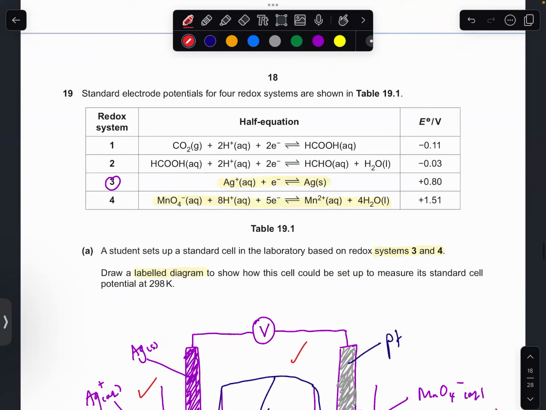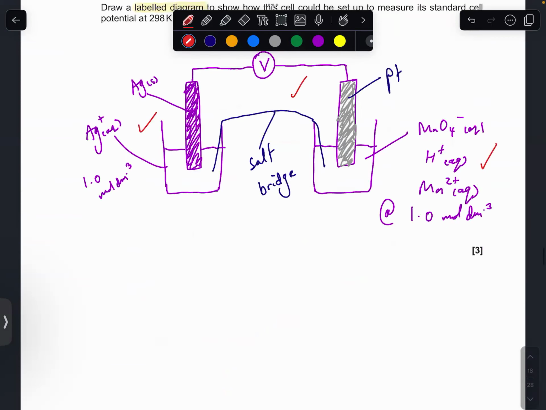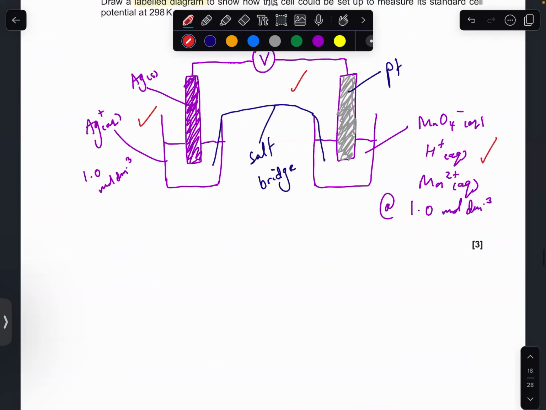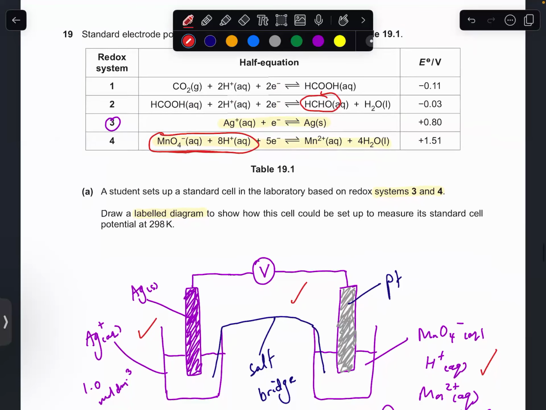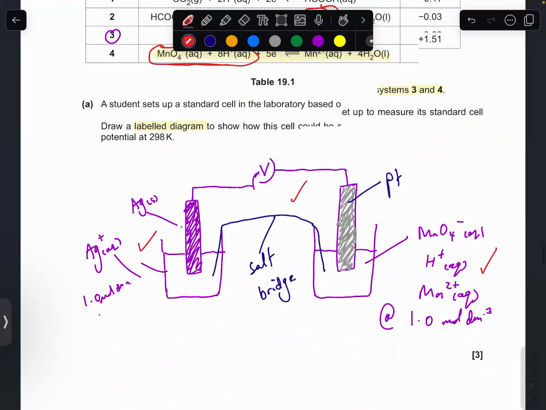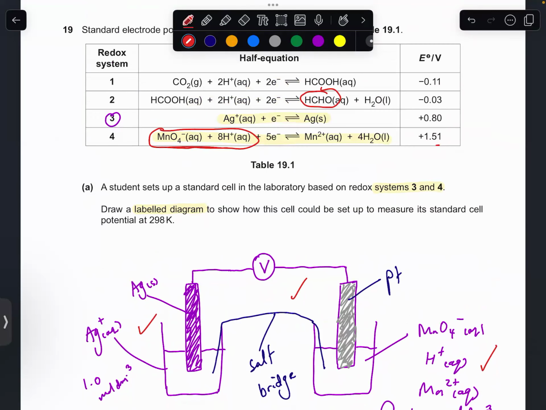Let's see. Methanal and acidified potassium manganate. So you've got this acidified potassium manganate here, and it's reacting with methanal, which is here. Can you see that? Because what's going to happen is redox system 4 has an electrode potential more positive than the redox system 1.